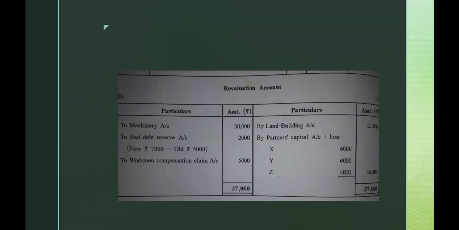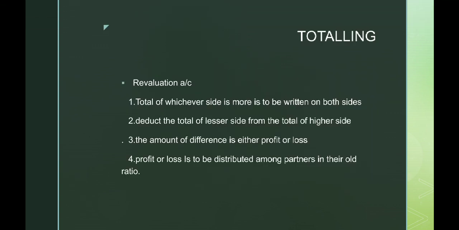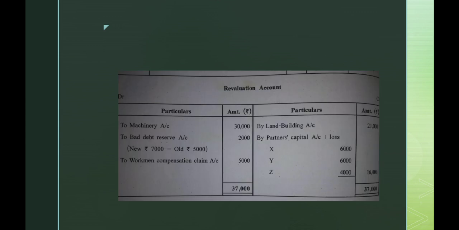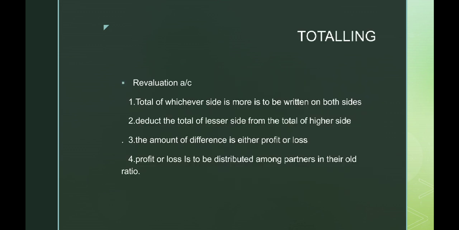Yes, the amount of difference. The third step: the amount of difference is profit or loss. Here it is loss because the total of the debit side is higher. So what is the amount of loss? It is 16,000. Yes, so 16,000 loss. Follow the fourth point: profit or loss?